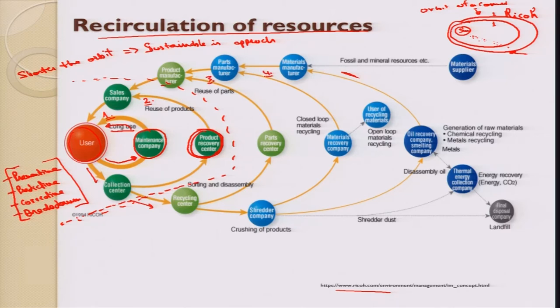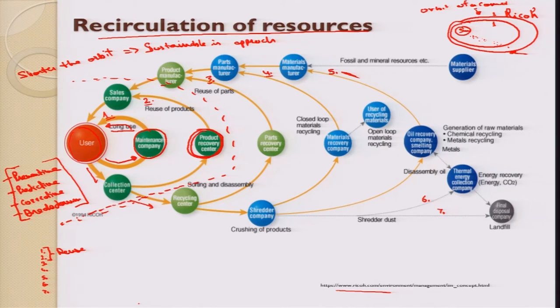Actually, I would say it is orbit: orbit 1, orbit 2, orbit 3, orbit 4, orbit 5, and orbit 6 and orbit 7, which are extensions of orbit 5 only. So this is 1, 2, 3, 4, 5, 6 and 7. Orbit 1 and orbit 2 are representing reuse.